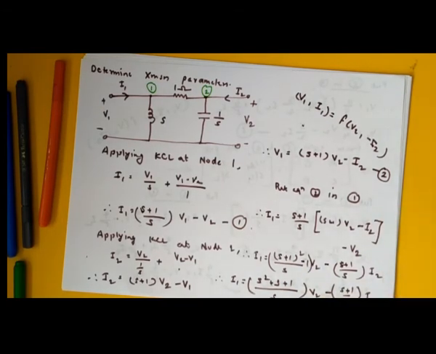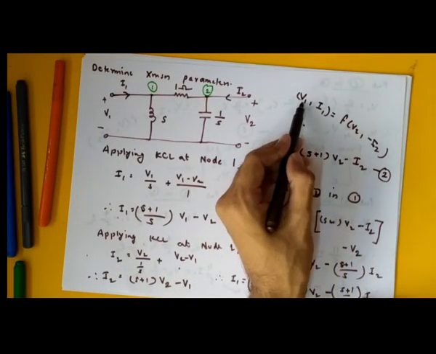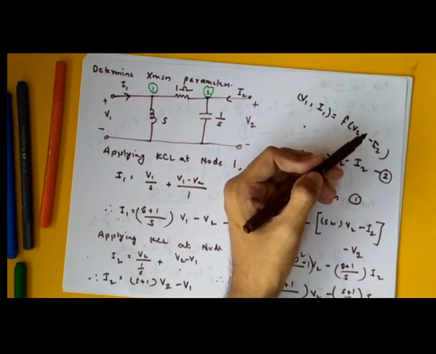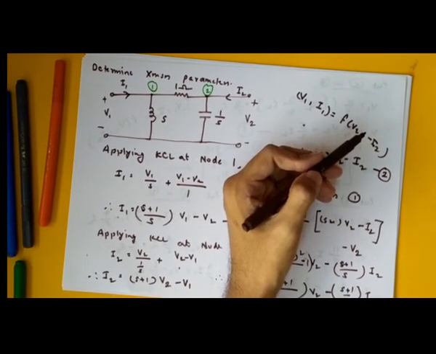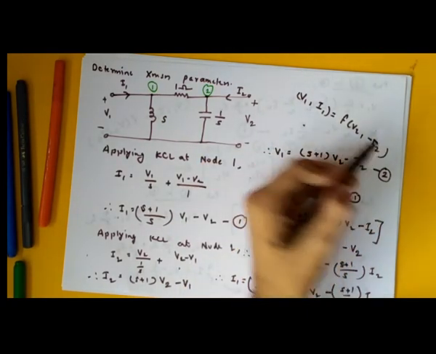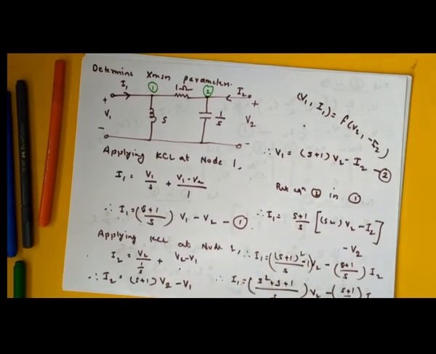Right? So what will we say? You have got V1 in terms of V2 comma minus I2, and I1 in terms of V2 comma minus I2. So what will be your answer?